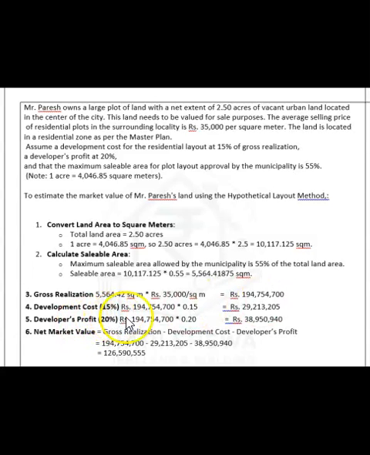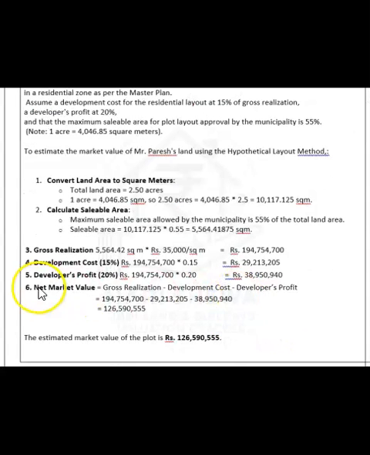Total developer cost is 15% of 19 crore 47 lakh, which is 2 crore 92 lakh 13,205 as the development cost. Developer profit is 20%, applicable on the whole amount: 19 crore 47 lakh into developer profit is 3 crore 89 lakh 50,940.